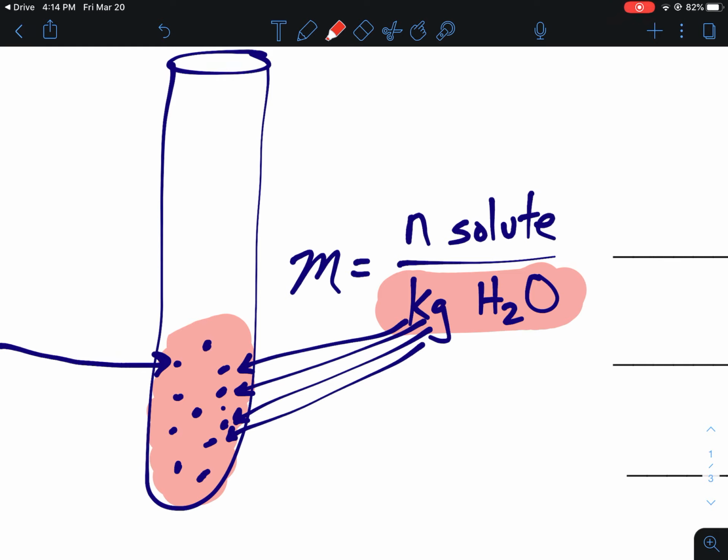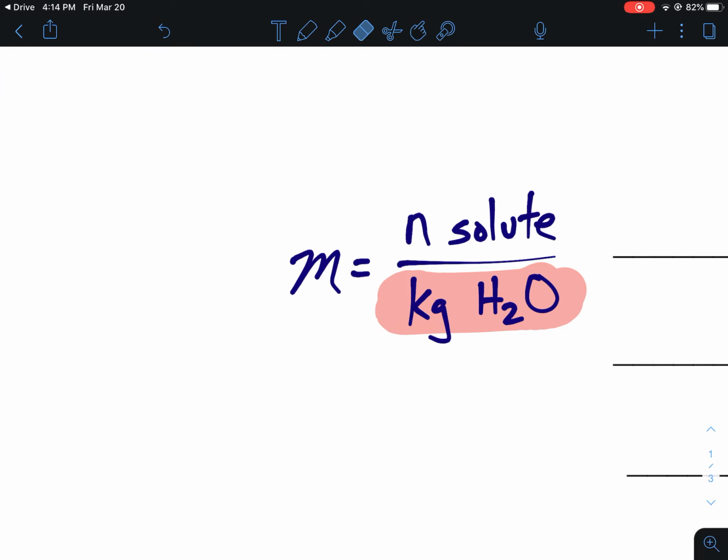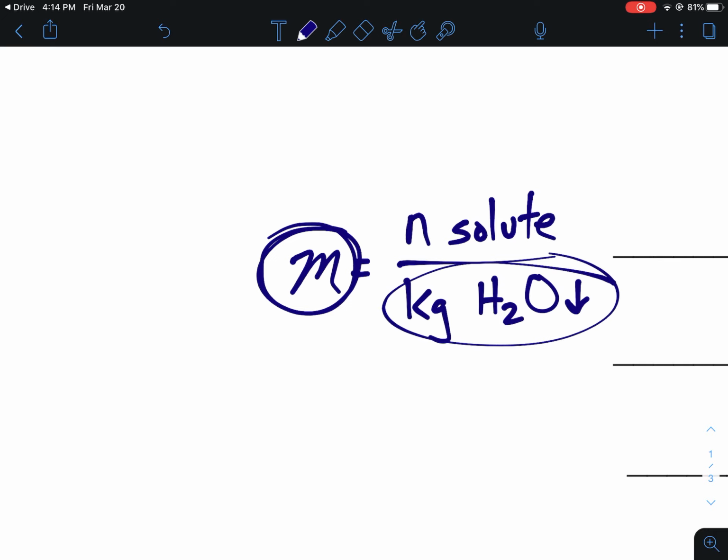Hopefully the answer you came to is that that value is going to decrease. As that value drops, think about what that does to the overall molality of the solution that's left, the solution that is not yet frozen. The overall molality is going to change. That's up to you to determine, whether that molality is going to go up or down. But hopefully you can understand that the kilograms of liquid water in that solution is going to decrease.